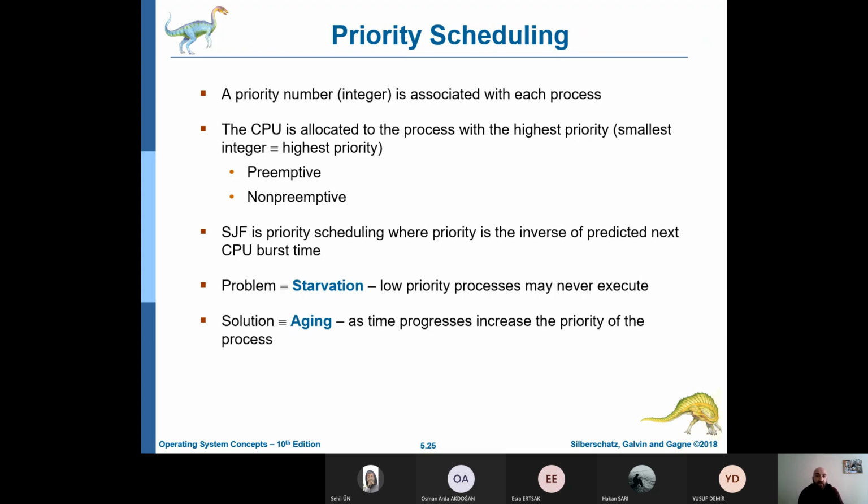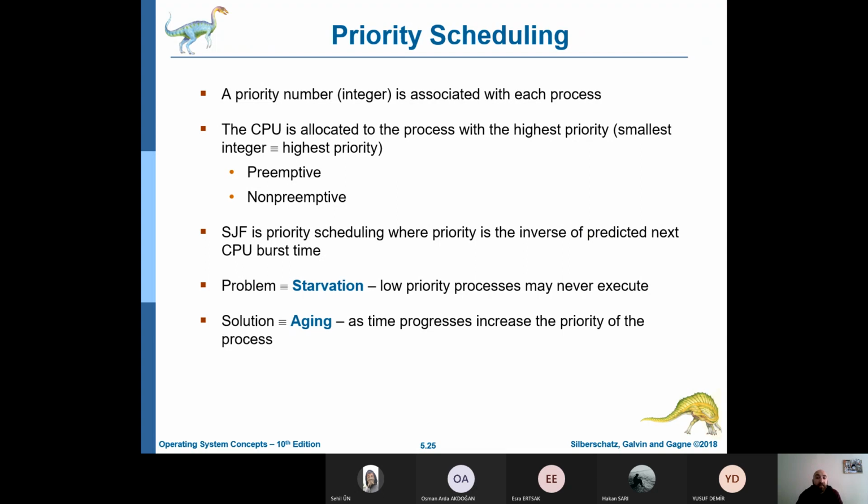In some systems, 0 will be the lowest priority; in some systems, 0 will be the highest priority. So this difference can lead to some confusion. In this course, we are going to assume that low numbers represent high priority. If the number is large, the priority will decrease. So 0 will be the highest priority in this case.